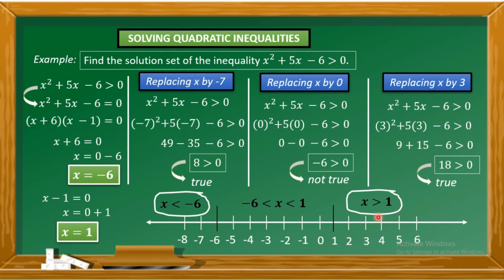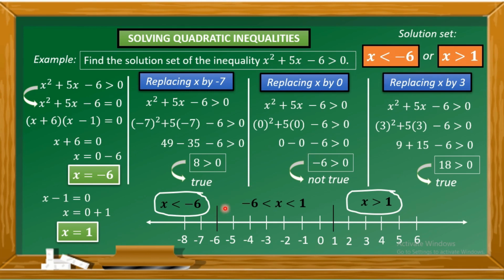Alright, so the solution set includes the numbers that are less than negative 6, and also numbers that are greater than 1. These are the solution sets.